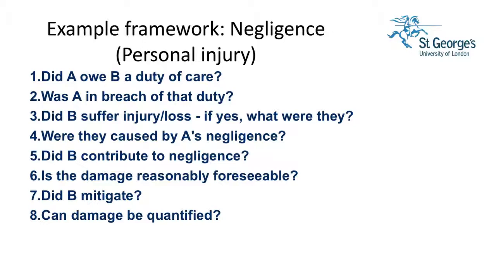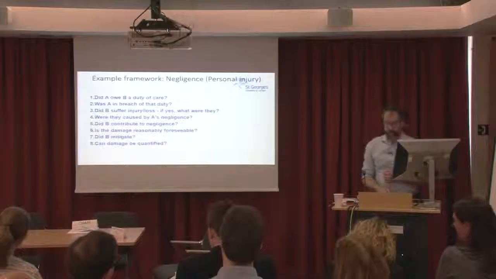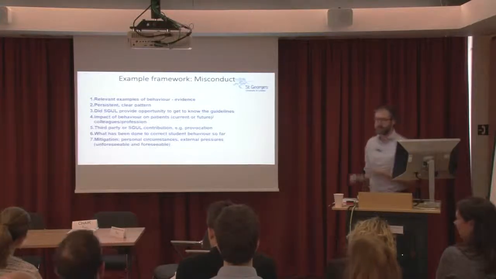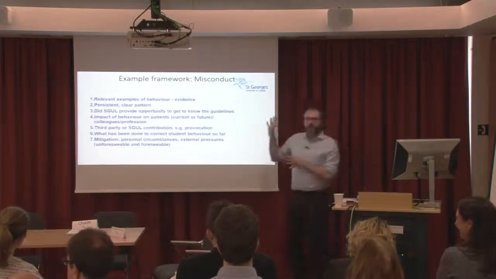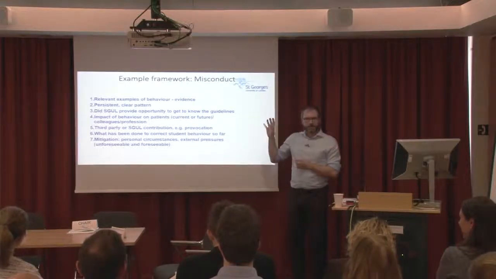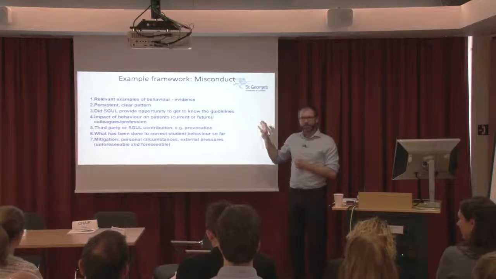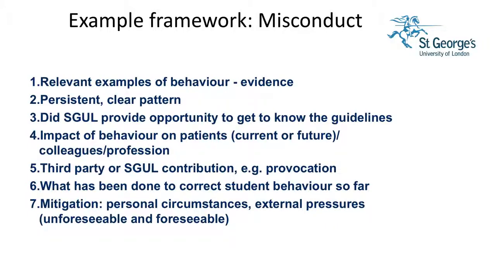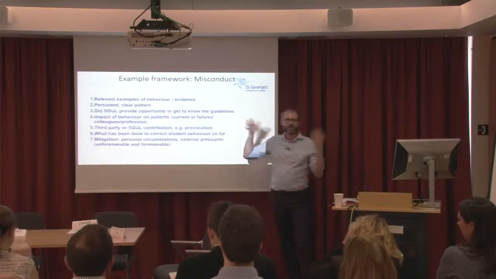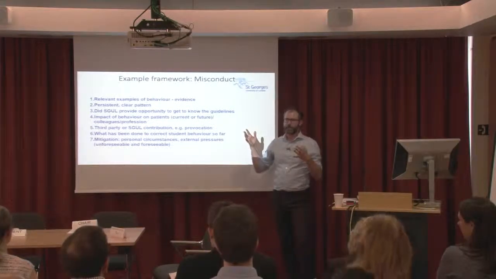It's less clear when you've got guidelines like other ones, but I did attempt to create some kind of framework for misconduct, because these are probably quite challenging cases to write about. So always start again from evidence and see what those relevant examples of behavior are. This initial bit shouldn't really contain any judgments about anything.